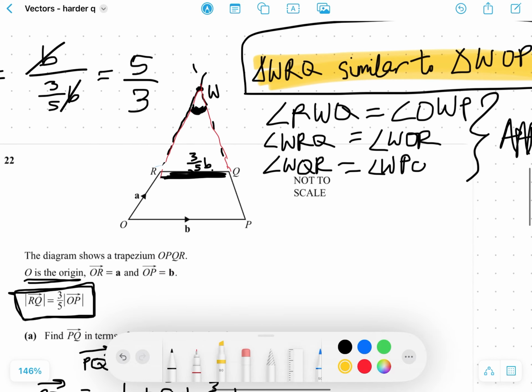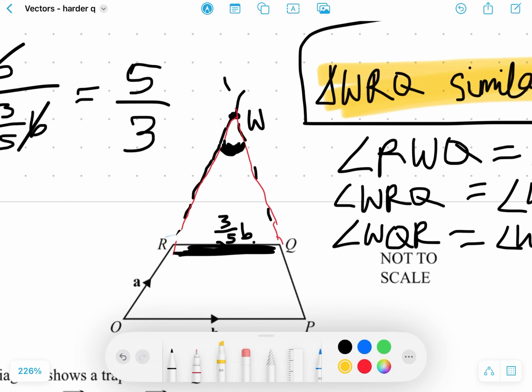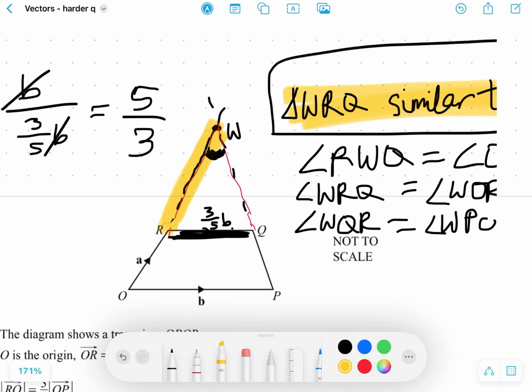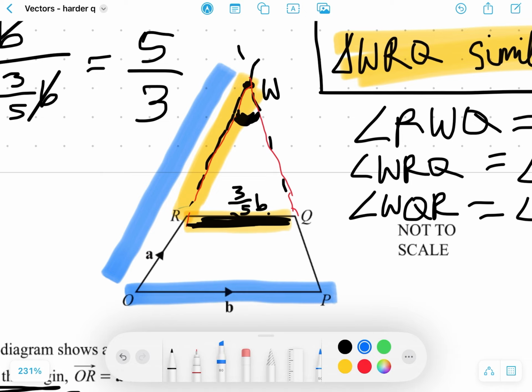So essentially RW is 3/5 the length of OW. It's 3/5 the length of OW, since RQ is 3/5 the length of OP, and they're similar triangles.